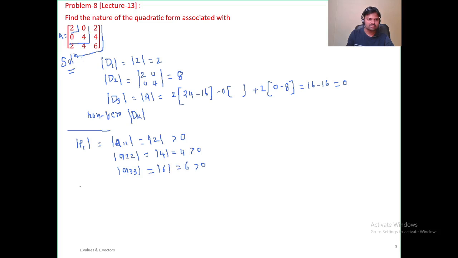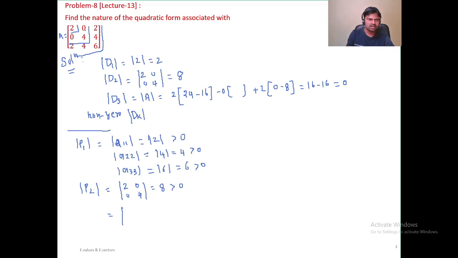Next, principal minors of order 2 by 2. Every time you have to delete one row and one column. First, starting with 2 0 0 4, the determinant is 8, more than 0. Next 2 by 2 principal minor: by deleting the third row and third column I get this.